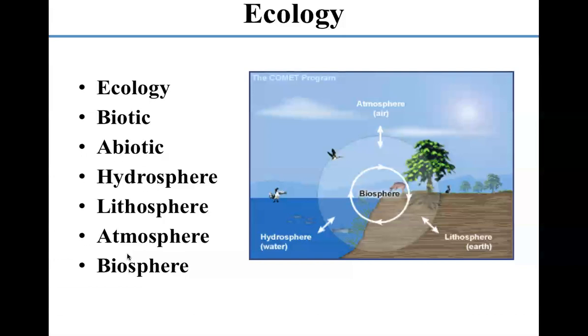The atmosphere is all of the gases and particles that wrap around the Earth. So on the surface of the Earth, it's just the hydrosphere and the lithosphere, and then the space above us is where the atmosphere is. All of this comes together to create the biosphere. The biosphere is basically where all living organisms reside. It's basically the sum of the hydrosphere, the lithosphere, and the atmosphere.